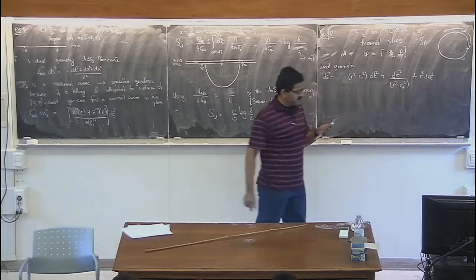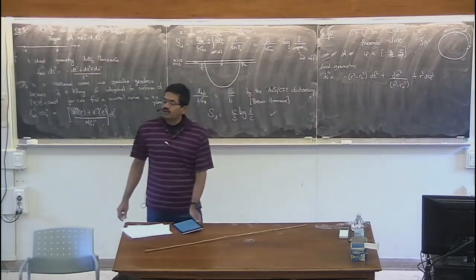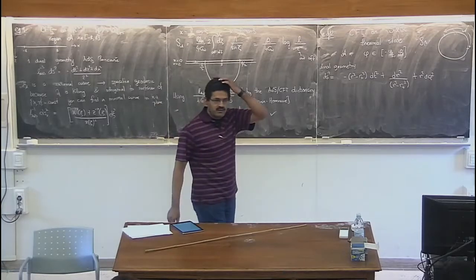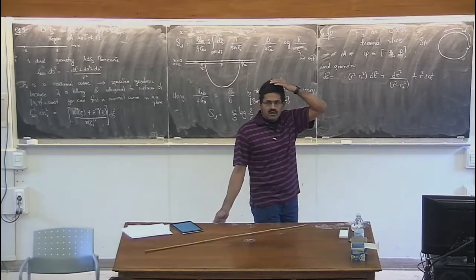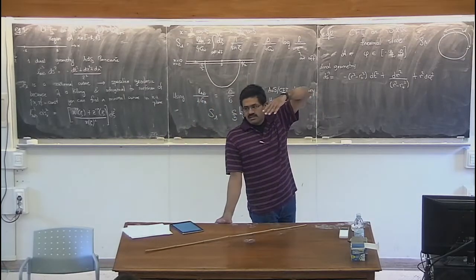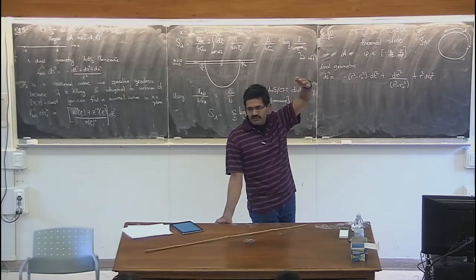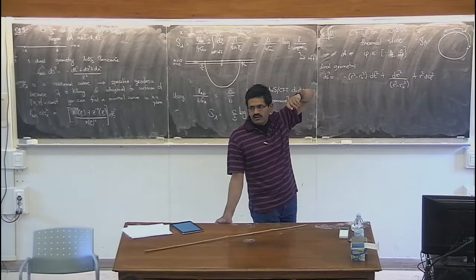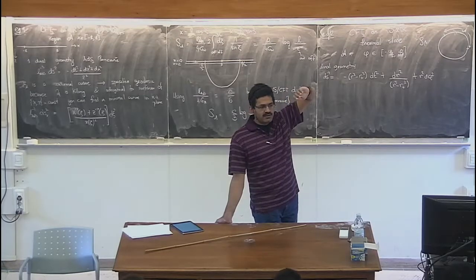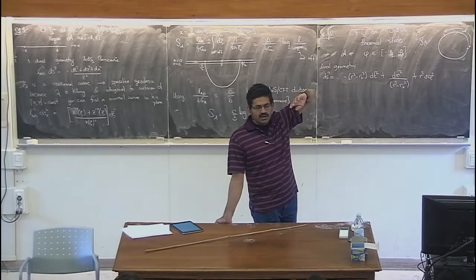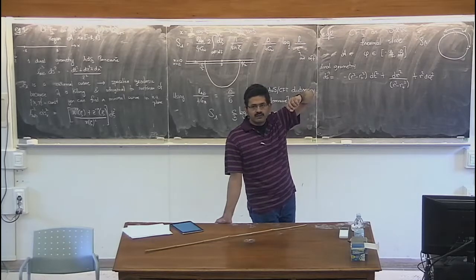Maybe this point is worth emphasizing. In flat space, black holes exist in dimensions 4 and higher. The Schwarzschild black hole exists in 4 spacetime dimensions. There is no analogous black hole in 3-dimensional Minkowski space. And the intuitive reason is obvious.